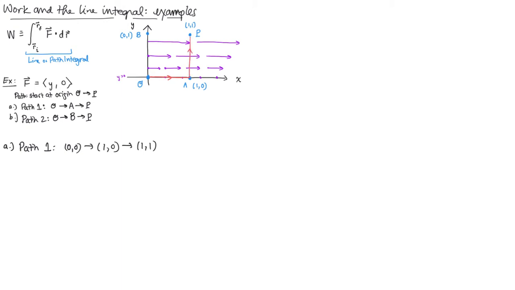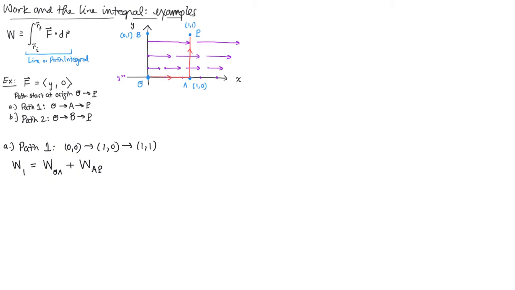So that's my red path. So what is the work done along path 1? Well, we have the work done by this force from the origin to A plus the work done from A to point P. Okay, so let's write this all out.